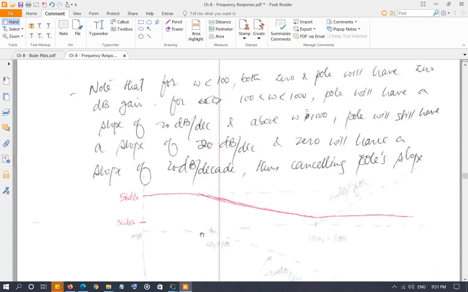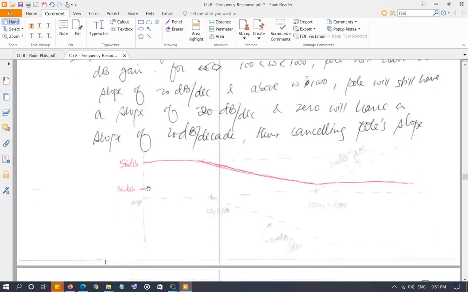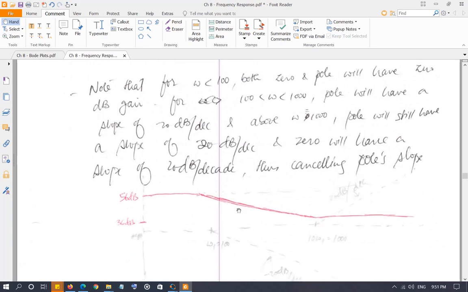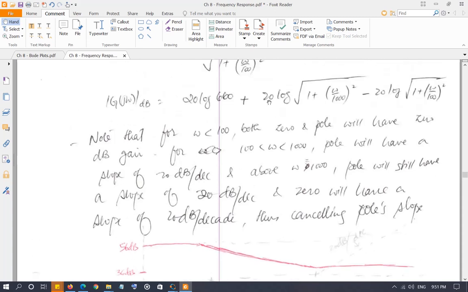In the light gray lines, I'm plotting the individual plots. This is the constant value, 56 decibel, which corresponds to 20 log of 660. The one that is going up corresponds to the zero.